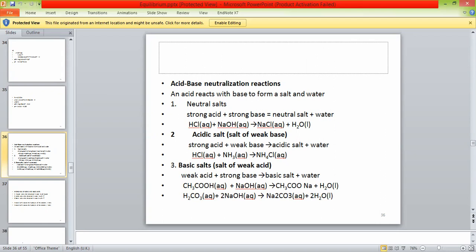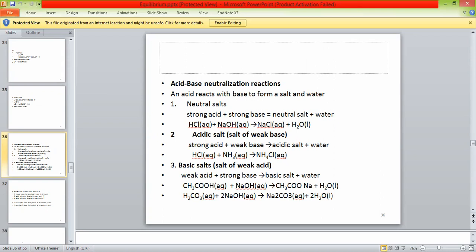Okay, so when this salt NH4Cl dissociates in solution, you're going to have NH4+ and Cl-. Now, Cl- is coming from the strong acid and therefore cannot dissociate, but NH4+ can dissociate.